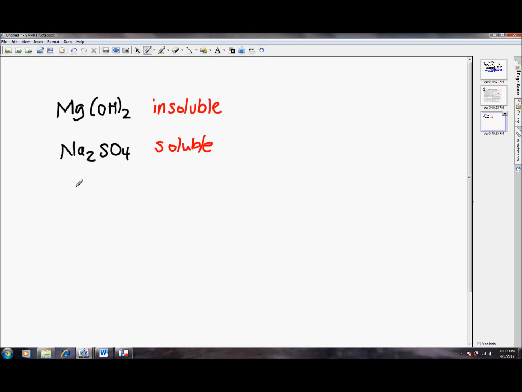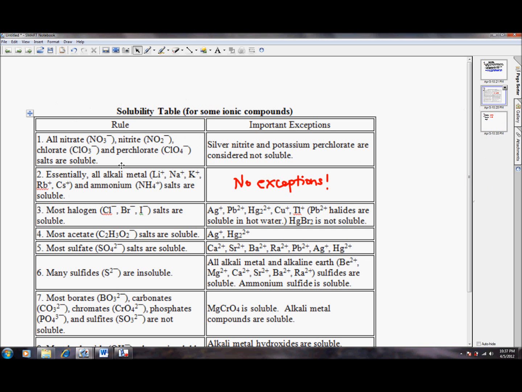Okay, let's do one more. Okay, this is nickel 1 sulfide. So we're looking for anything on the left-hand side that talks about nickel and talks about sulfide. You come down here, and you're like, sulfide.